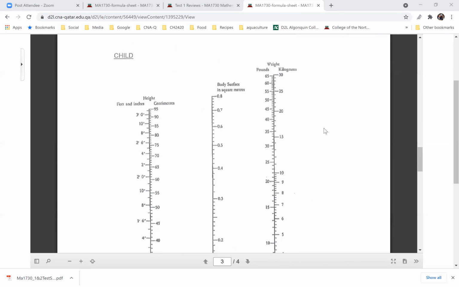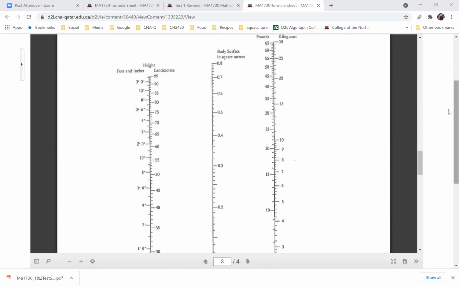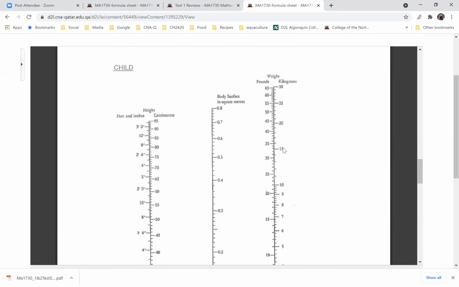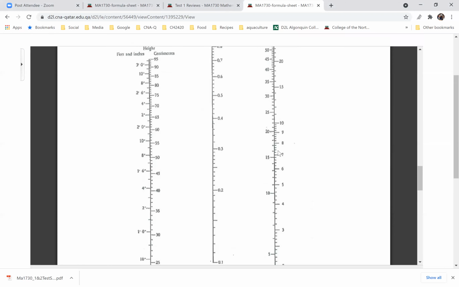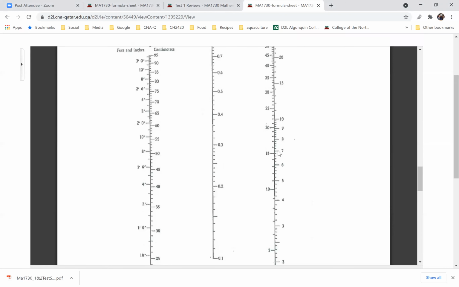Okay, so back to this question. I'm in the child chart, and 2 feet 4 inches. Let me get my pen going. So this kid is 2 feet 4 inches. Here's 2 feet. Here's 4 inches. So I'm going to put a dot there.